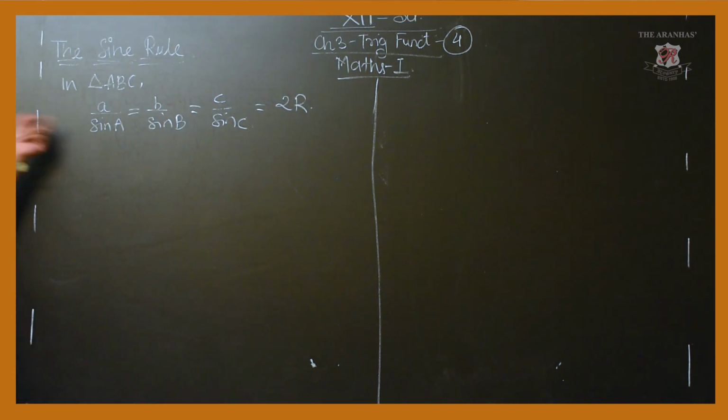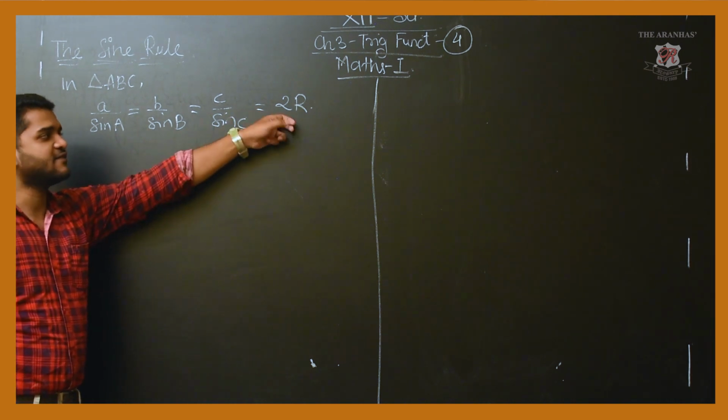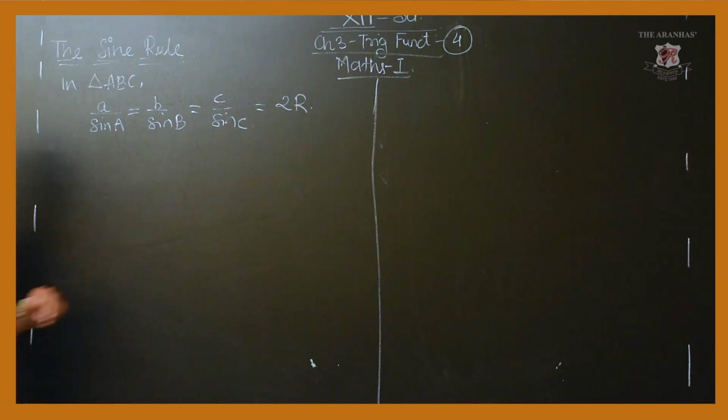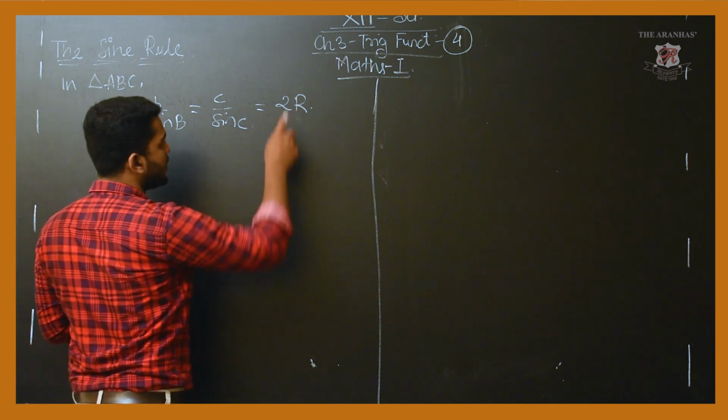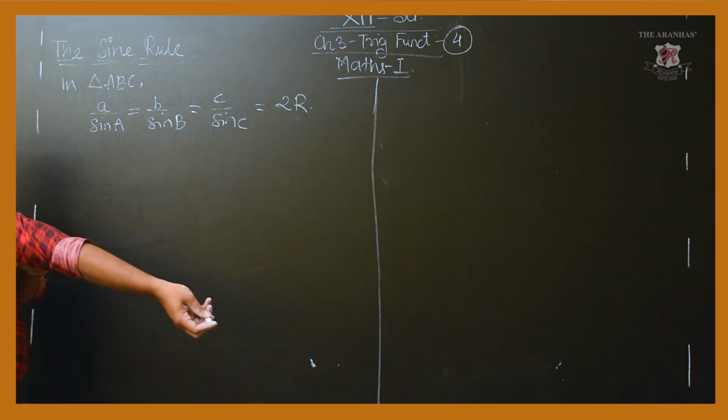Whether you take a upon sine A, b upon sine B, or c upon sine C, you will get the value as 2R. Now we have to prove this. And what is R? R is the circumradius. So now how to prove it?